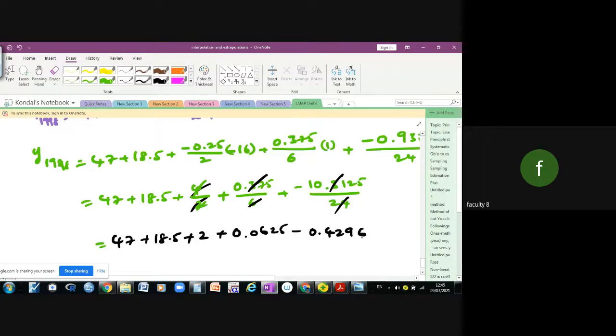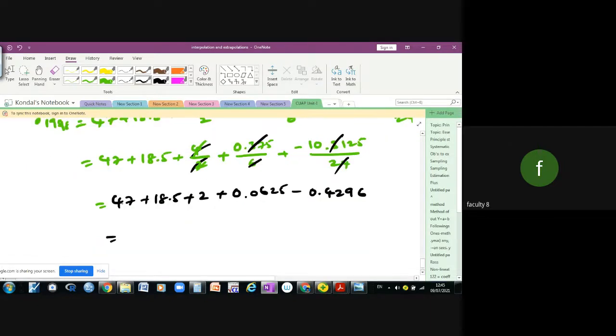You can take 4 decimals. Okay, no problem. 4296. Then you can add all these positive values. Then you can subtract this value. It's 47 plus 18.5 plus 2 plus 0.0625.